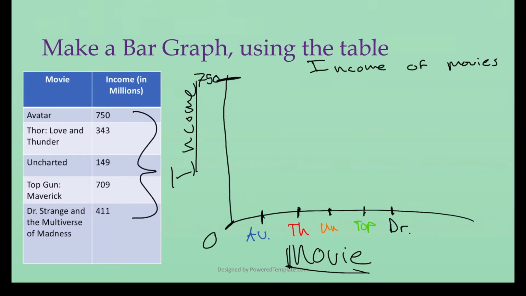Well, I'm not going to go up by 1 because that's 750 marks. That's too many. I'm not going to go up by 10 because that's 75 marks. I could go up by 100, couldn't I? That'd be 100, 200, 300, 400, 500, 600, 750.